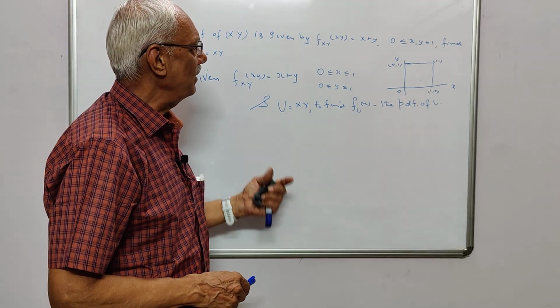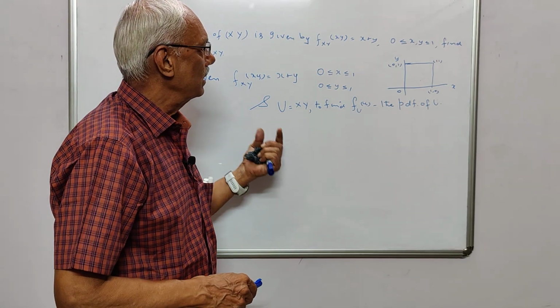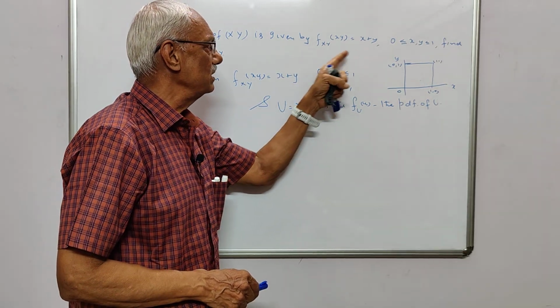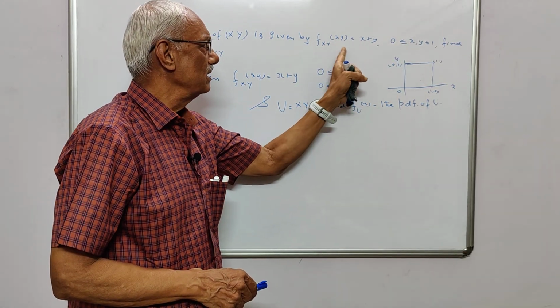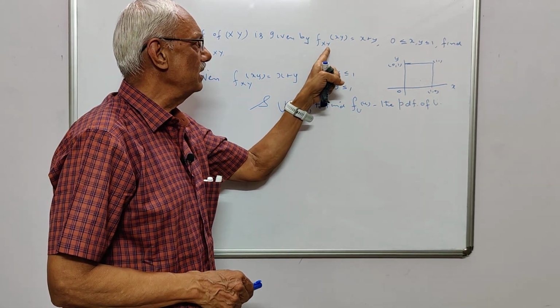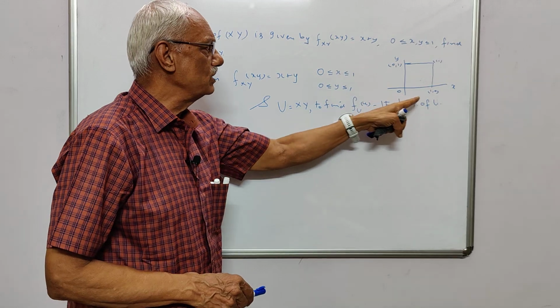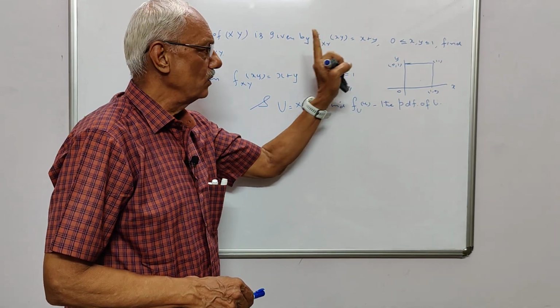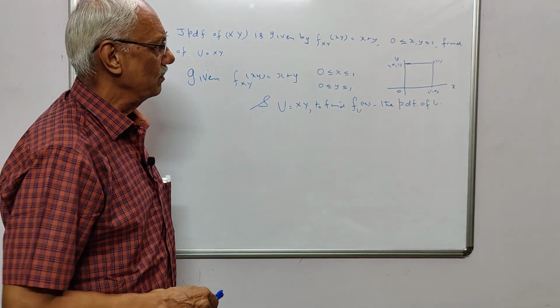Now we have to understand that in this region this is the probability density function, and hence the double integral of this over 0 to 1 and 0 to 1 is 1. Okay, now keep that in your mind.